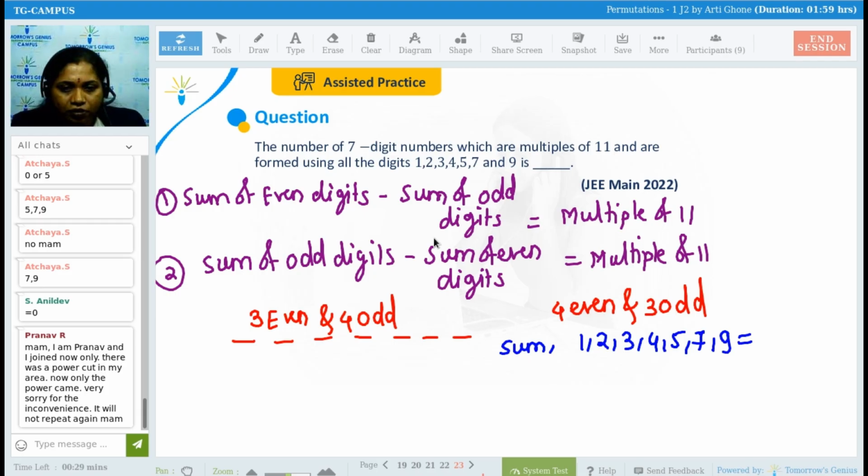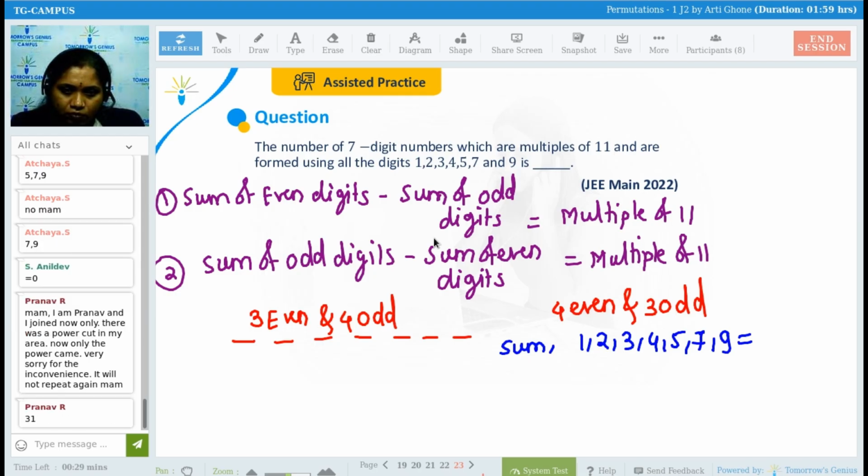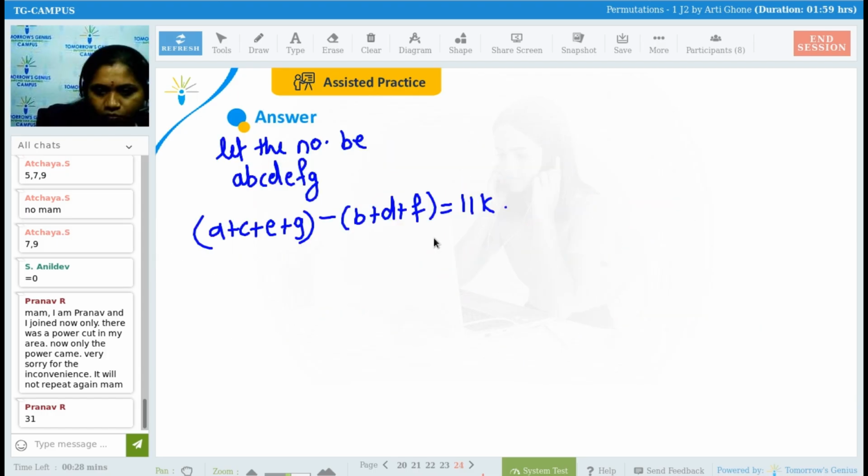Okay, Pranav, you can continue now. What is the sum? 31. Good. So we are getting 31 as the sum.